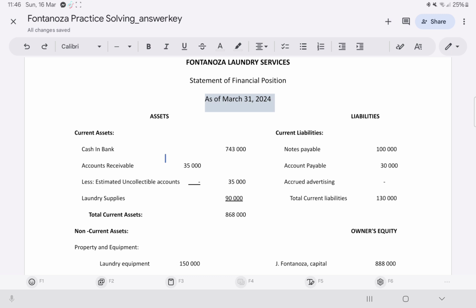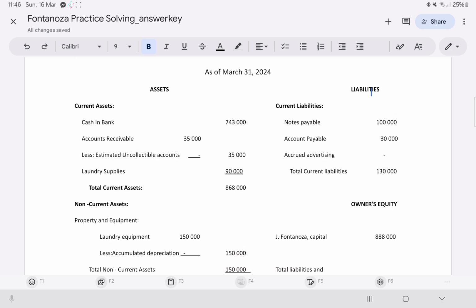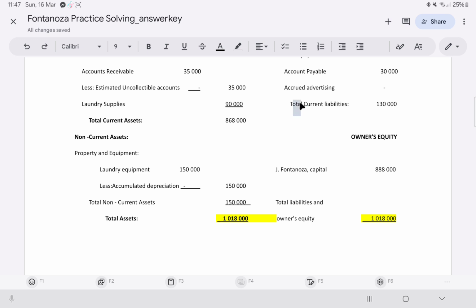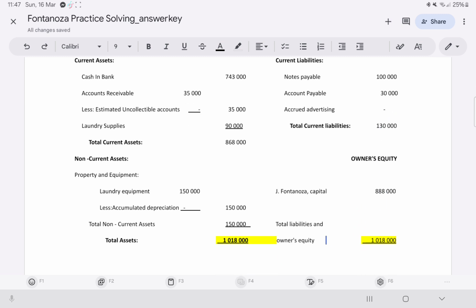So these are the assets. Total assets is 1,018,000, and total liabilities 130,000 plus 888,000; the total liabilities and owner's equity is 1,018,000.